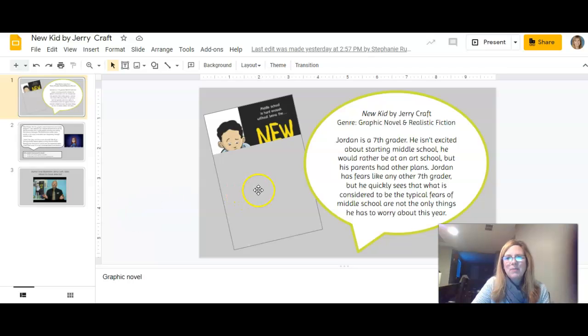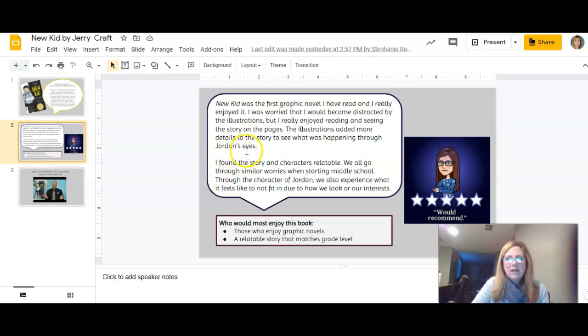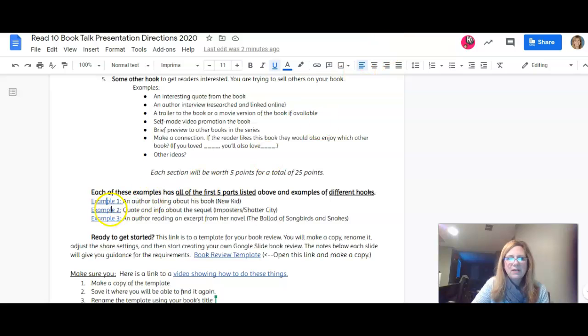So you're going to see a picture of the book, you're going to see the title, author of the book, the genre. There's a couple of them on this one because it is a graphic novel, but it is also realistic fiction. Then here's this brief summary that doesn't give away the book. This one is the rating here, and who would most enjoy the book, and some personal insights to the book. And then lastly, this is the author talking about the book. So that's the first one, and you can read that in more detail.